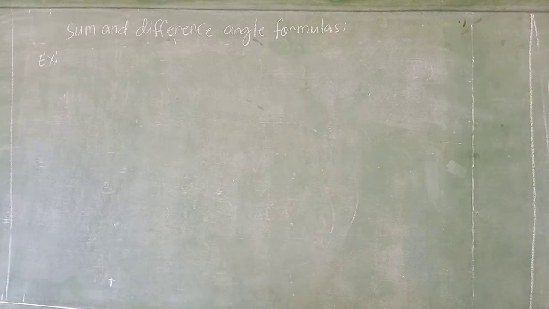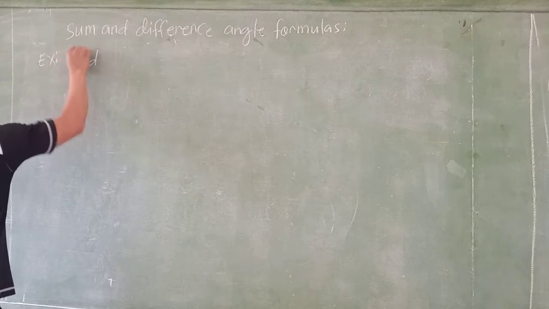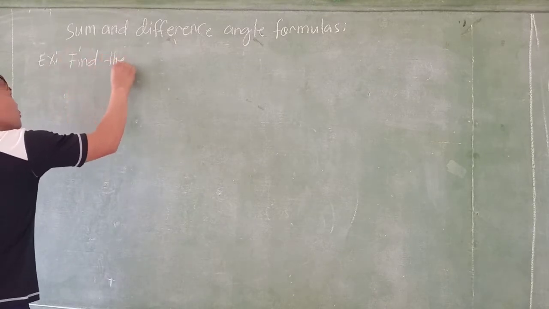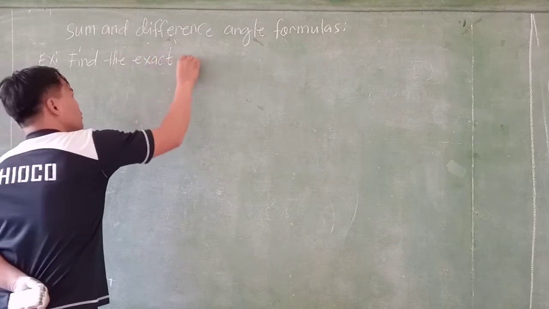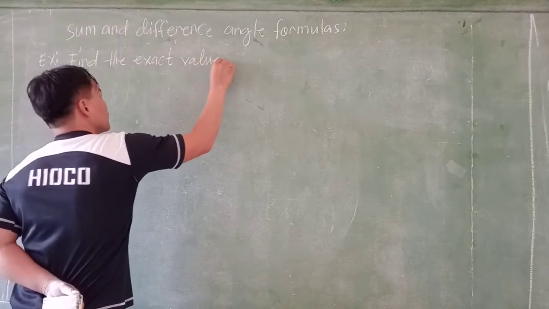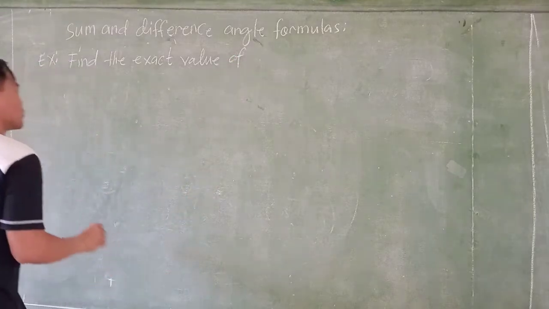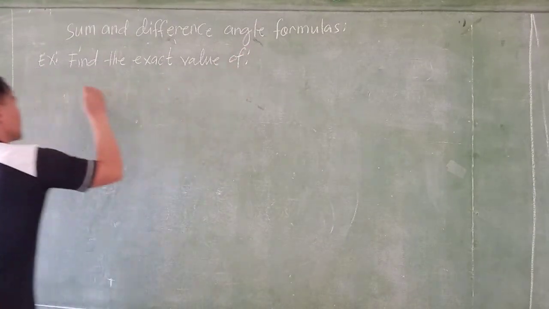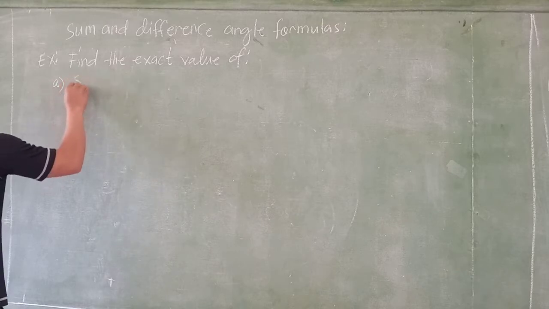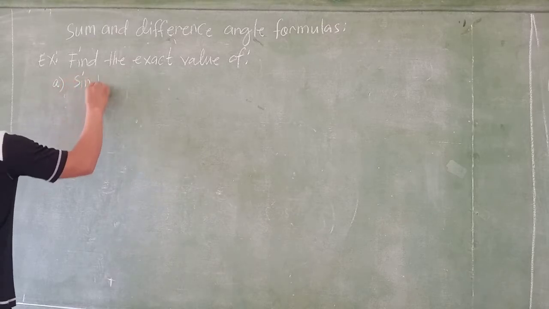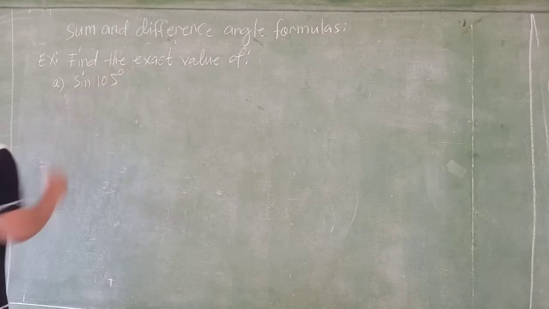Okay, we will focus first on the sum. Example: find the exact value of, letter A, sine of 105 degrees.